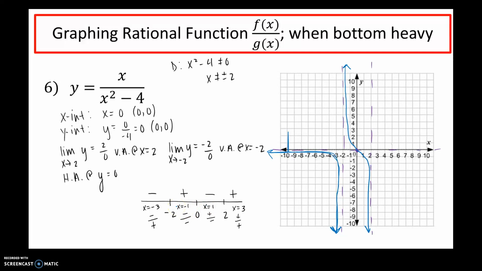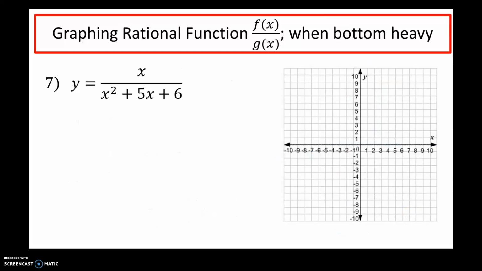Now my last interval, x is bigger than 2, so I'm strictly above the x-axis. All my y values are positive, and I hug that asymptote. All right, last example. This one looks a little different. Our domain, I'm going to go right to factoring, factors of 6 that add to 5, and this is the first example where we're looking at that factoring technique.